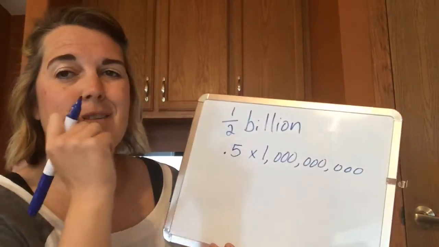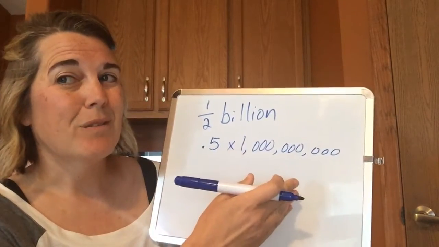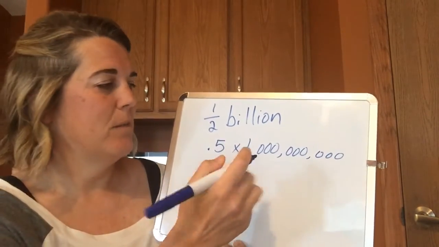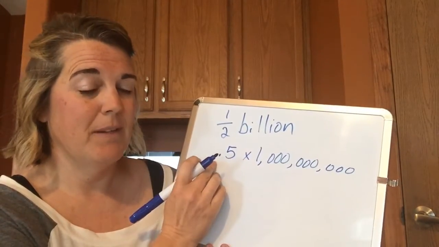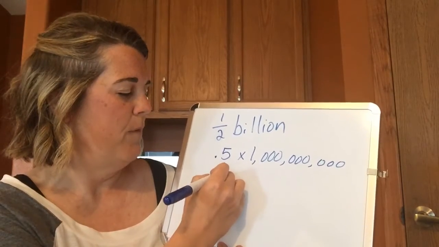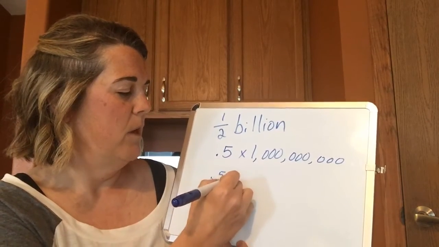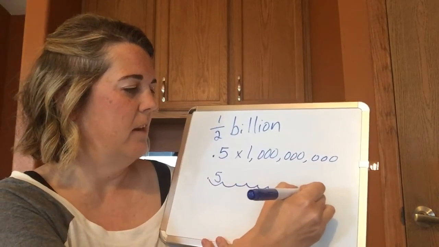Okay? Now, here's how I figure this part out. I can count the zeros. And that's how many times I move my decimal. 3, 6, 9. That's how many times I'm going to move my decimal. So I have it here. I'm going to put it down here, 0.5. And I'm going to move it 1, 2, 3, 4, 5, 6, 7, 8, 9.